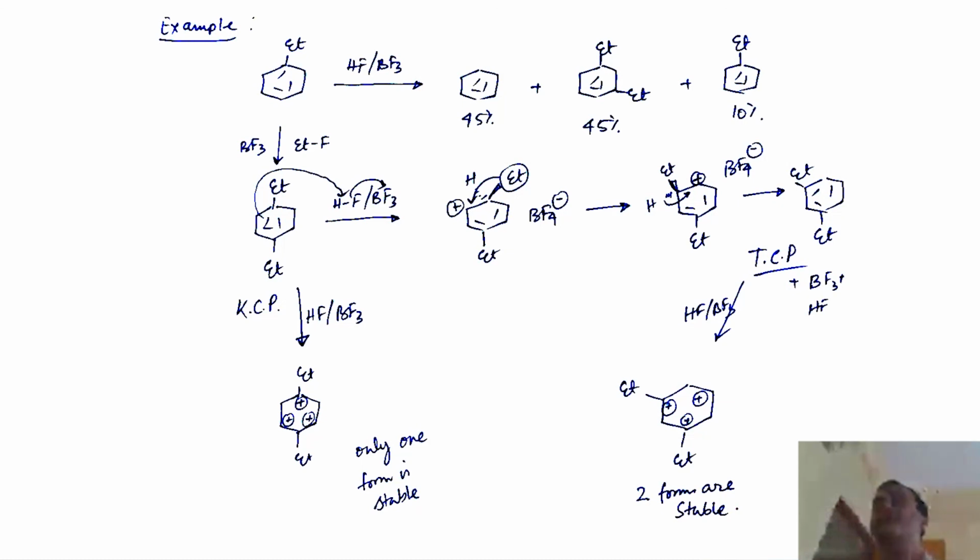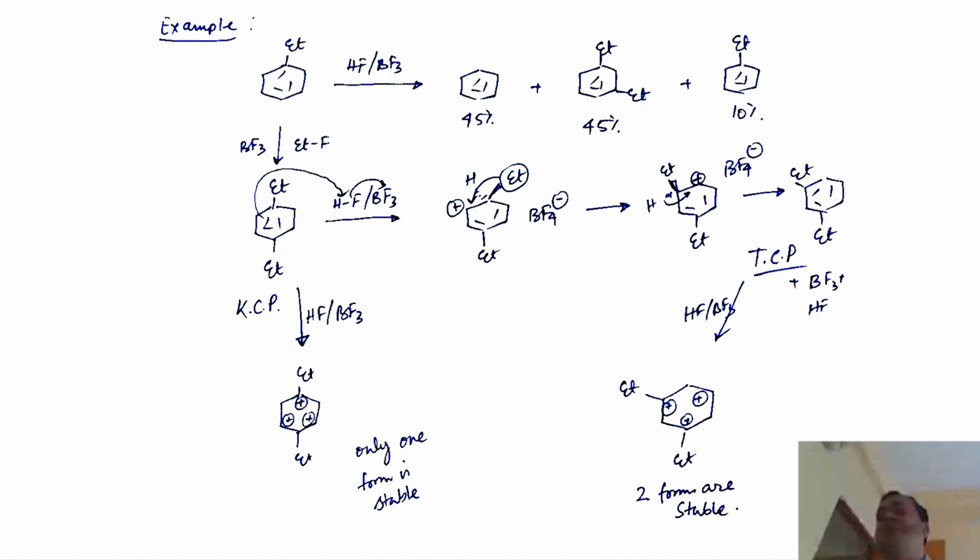So in this course of reaction, what happens? Kinetically, you generate 1,4-diethyl benzene, but then it undergoes rearrangement to form the meta product. So this is your thermodynamically controlled product because it is more stable, but this is your kinetically controlled product, which is a bit less stable. Okay, so that is how thermodynamic versus kinetic varies.